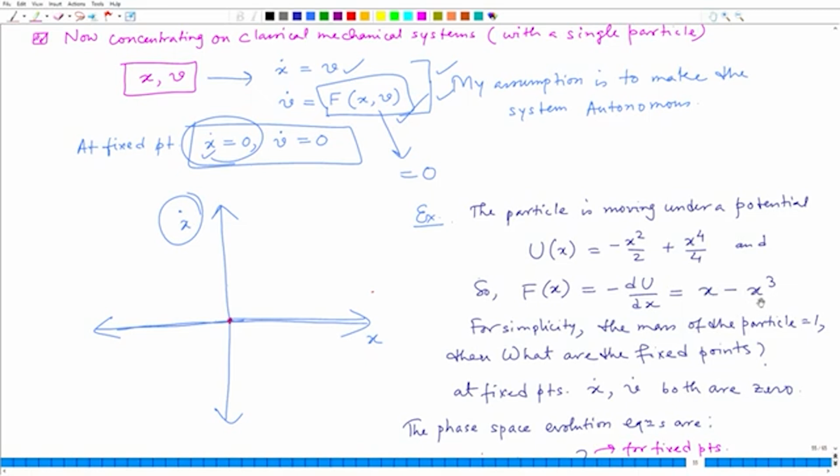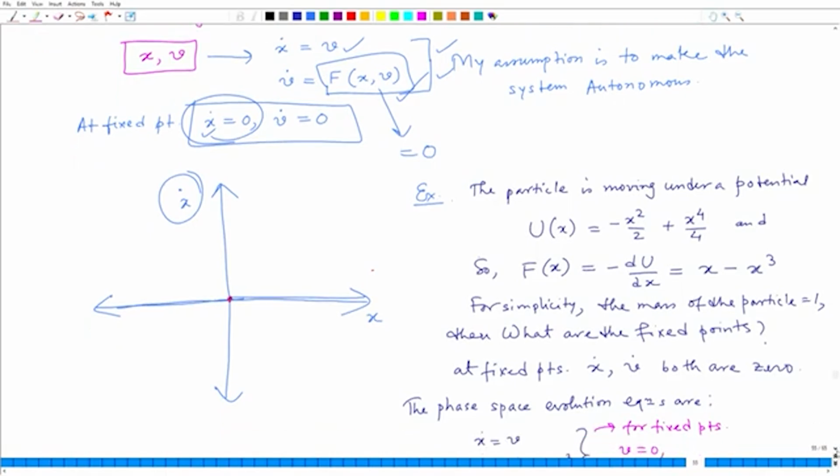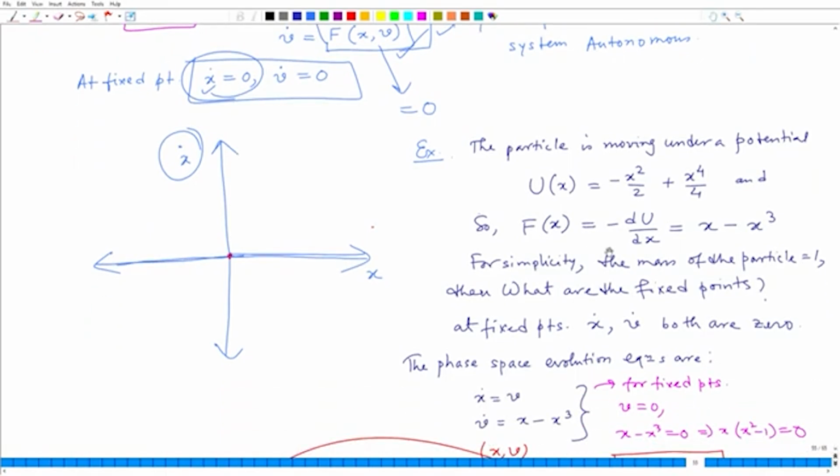Then we were trying to find the fixed points for this system, and according to the definition of a fixed point, if you remember, a fixed point is a point where both the velocities x dot and v dot, that means dx/dt of the first phase space coordinate and dv/dt of the second phase space coordinate, are equal to 0.